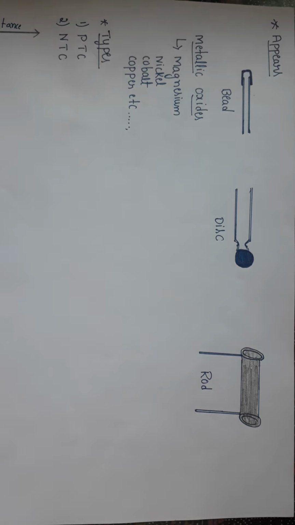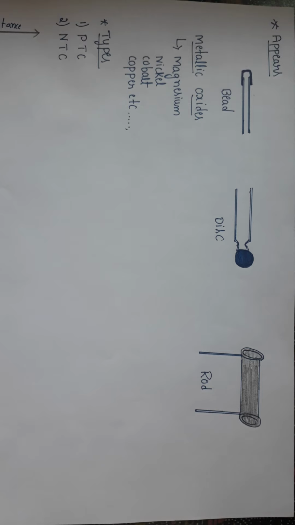Then let us know how we are going to prepare this. The magnesium, nickel, cobalt or copper are taken in the form of a powder. These powdered metal oxides are heated up. The process is called sintering.